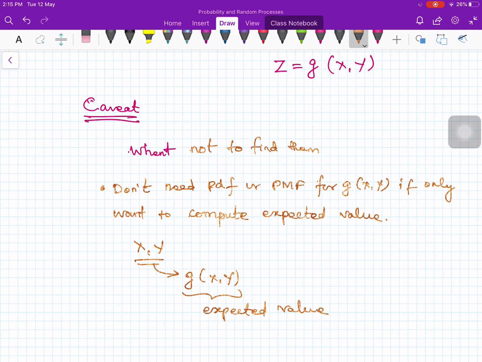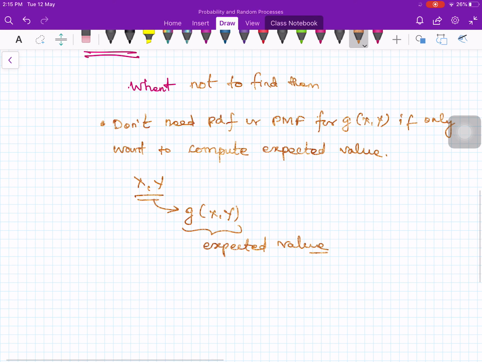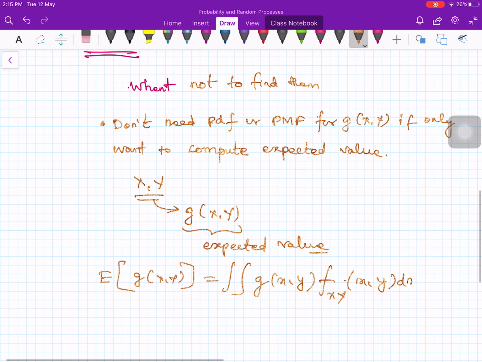Straight away you can calculate it from the original random variables' distribution. So the expected value of g of X comma Y is equal to the double integral of g of X comma Y times the joint density function of X and Y, times dx and dy. In this way you can calculate.